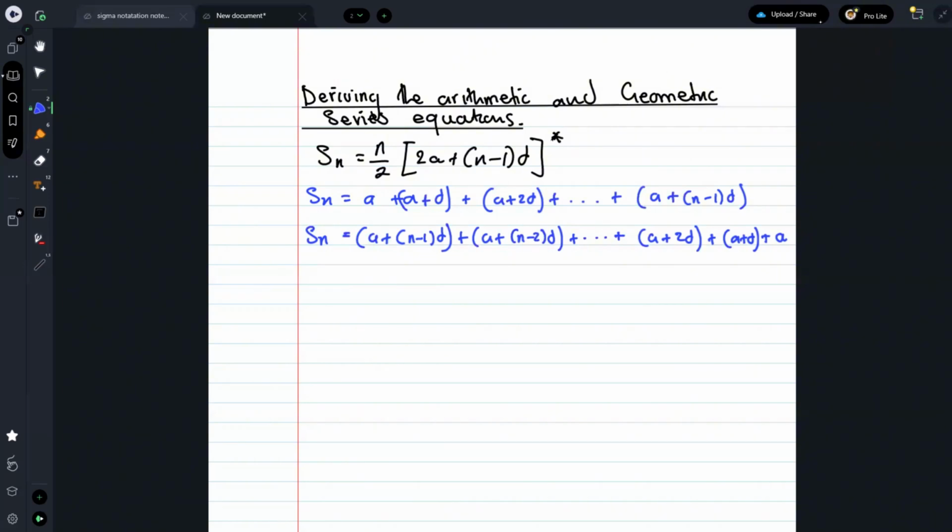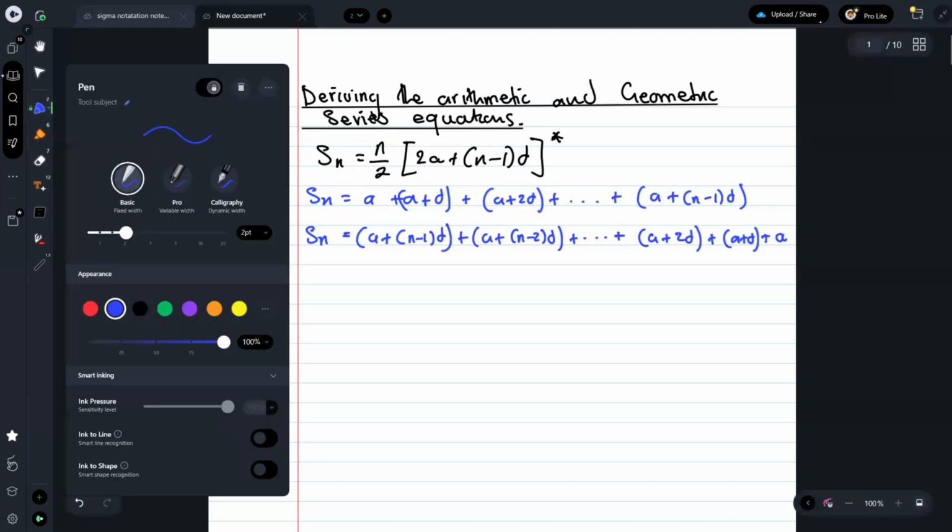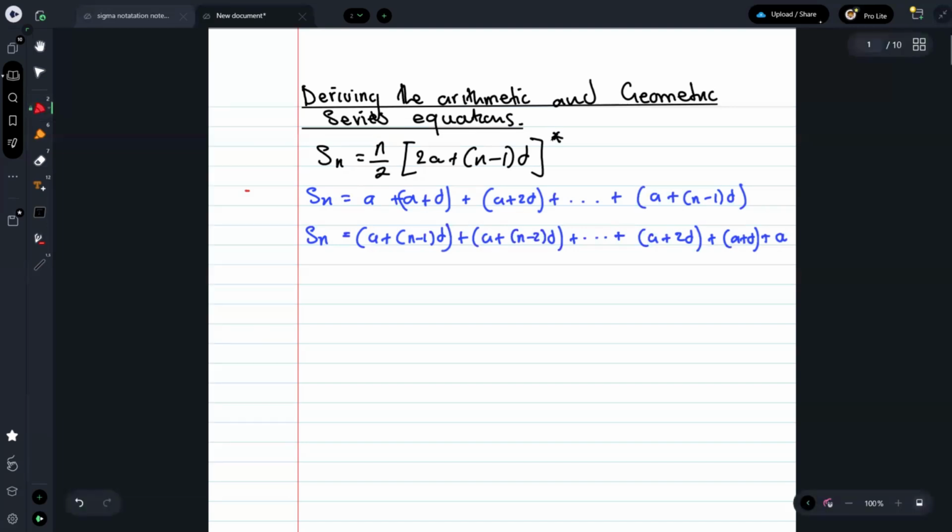Now you have equation 1. Let's label this as equation 1, and we're going to label this one as equation 2. Usually we put them down here.